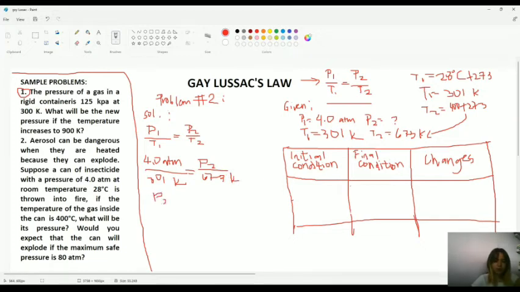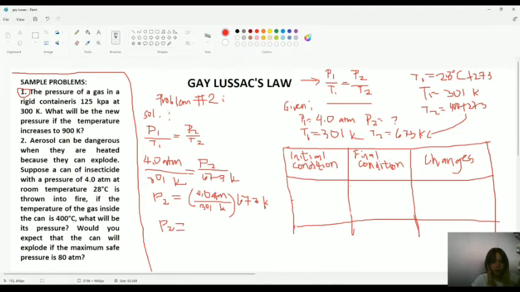So, 4.0 over 301 times 673. So, solve na natin.